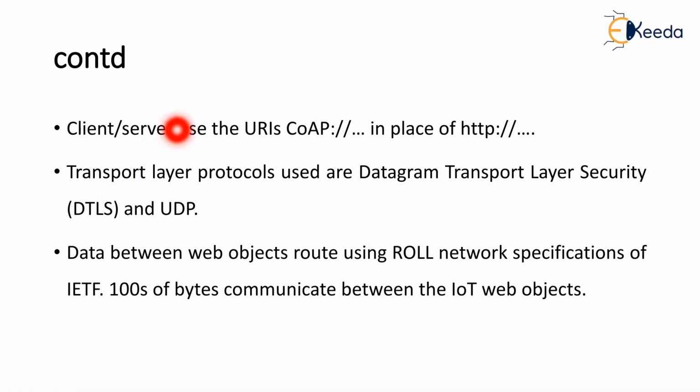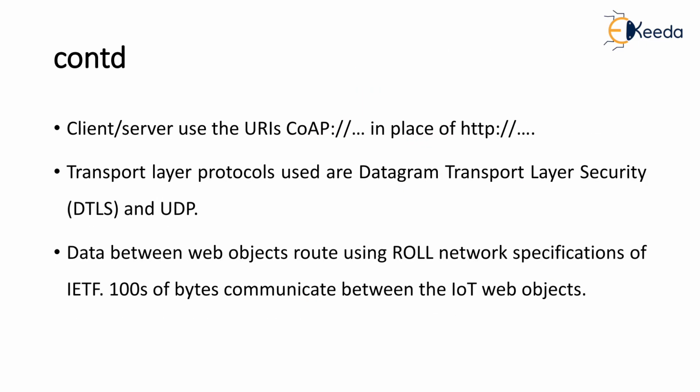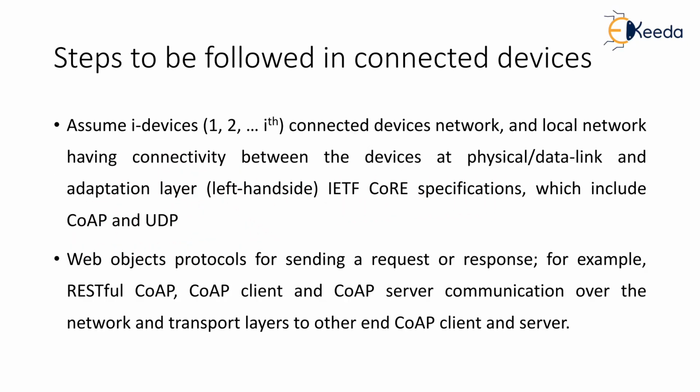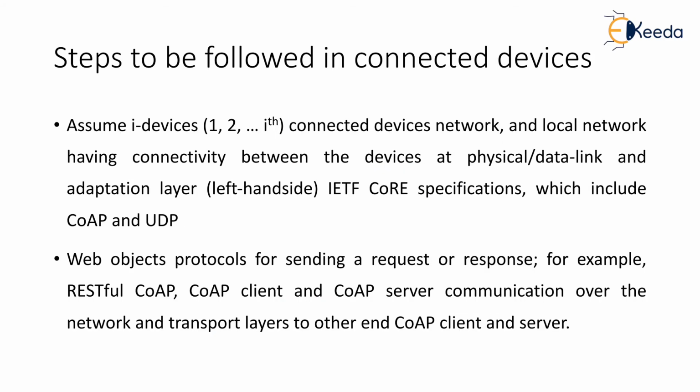So this is the client server which uses URIs, that is Universal Resource Identifiers, in CoAP and HTTP. So CoAP uses Universal Resource Identifiers. The transport layer protocols used are Datagram Transport Layer Security, that is DTLS, and UDP, User Datagram Protocol.